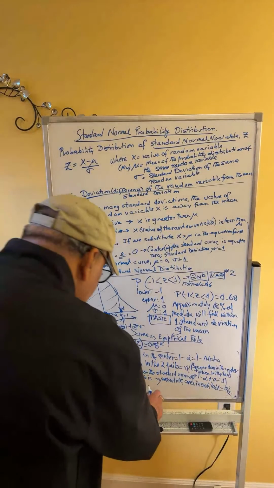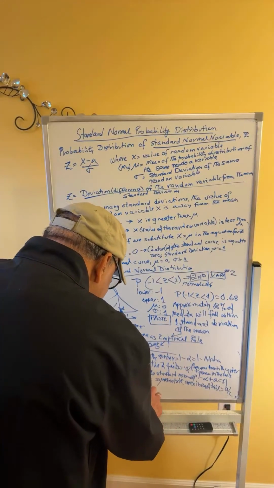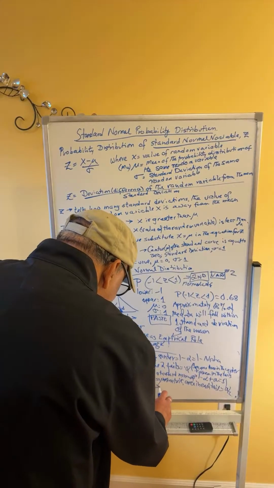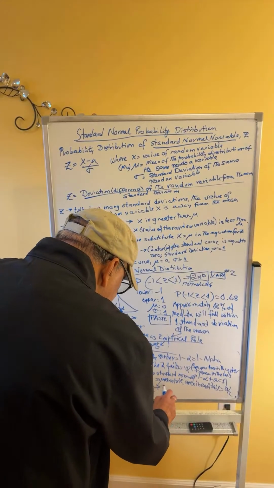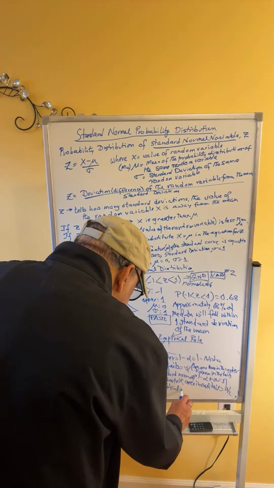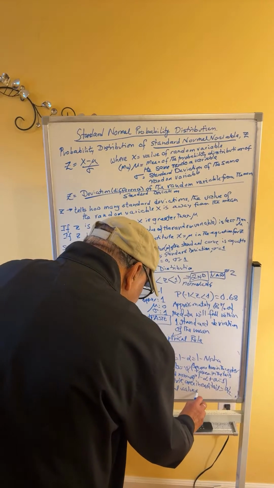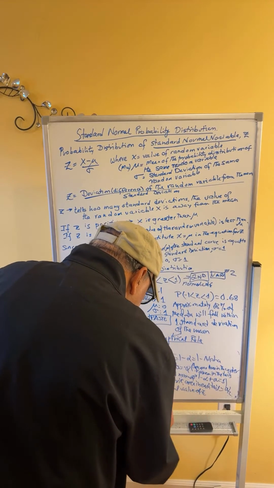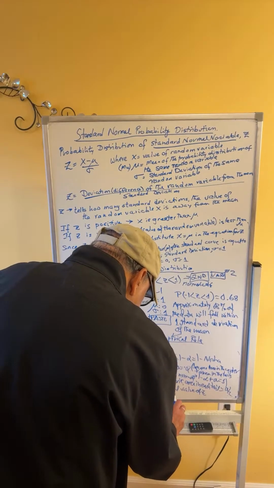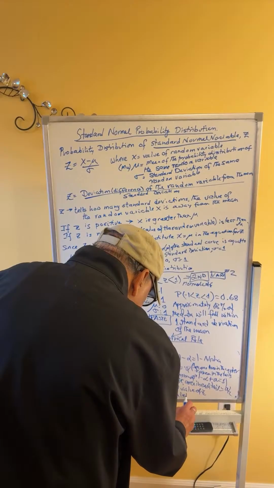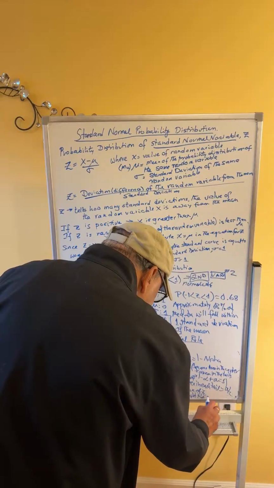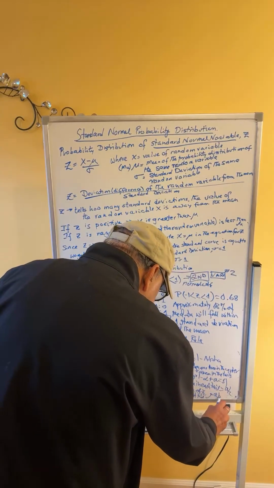So, as you will learn later, z alpha by 2 is the critical value of z with area in the right tail equal to alpha by 2. Right tail area is alpha by 2.